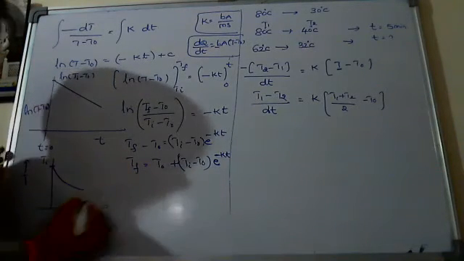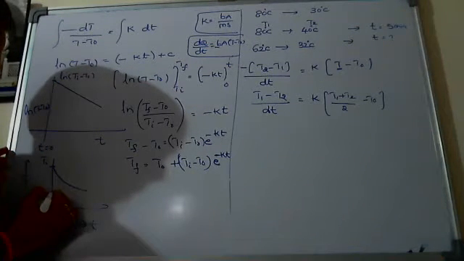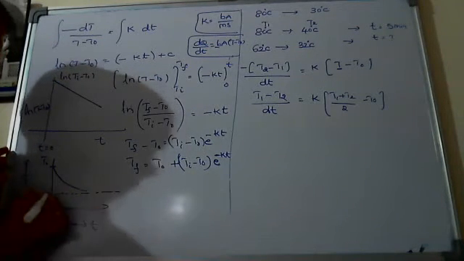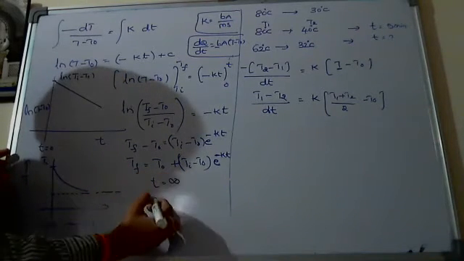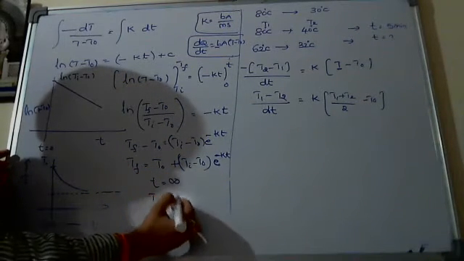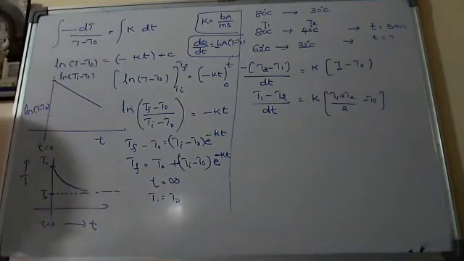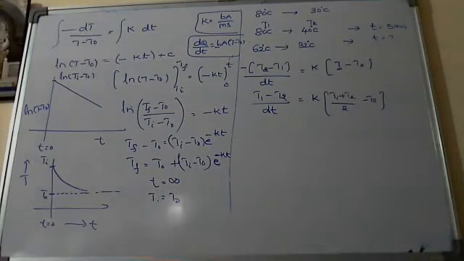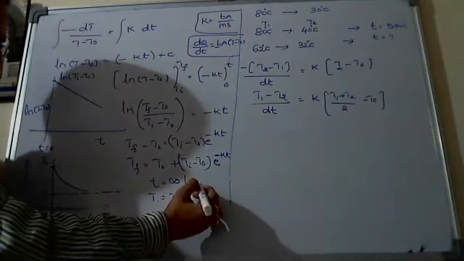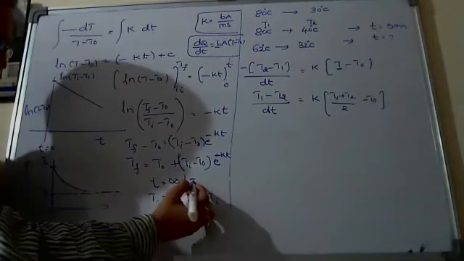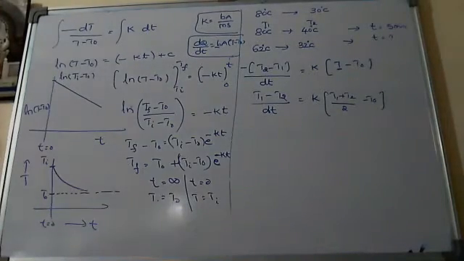Even if the graph is extended up to infinity, finally the temperature will come to t naught, the room temperature. You will get a graph like that. At t equal to 0, t is equal to t initial. This will be the shape of the graph.